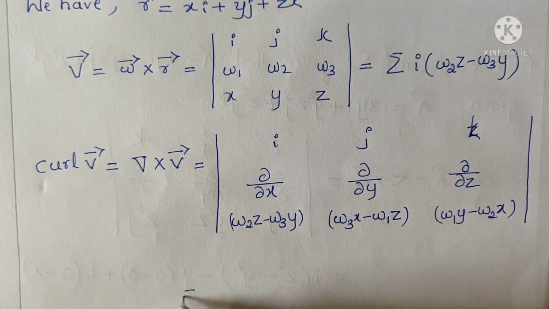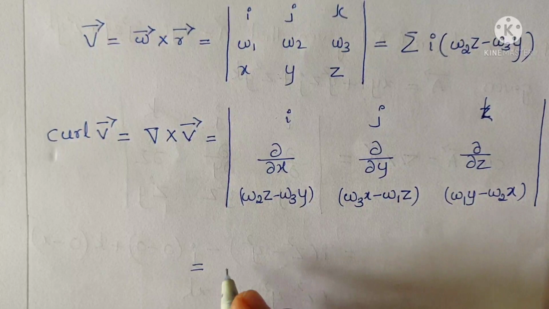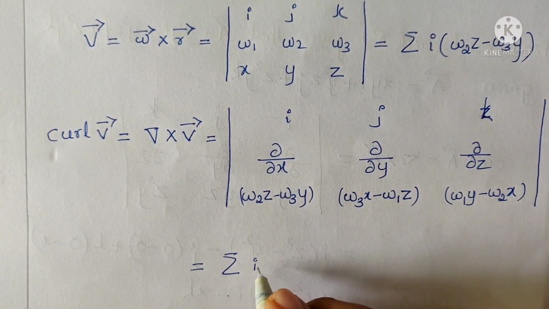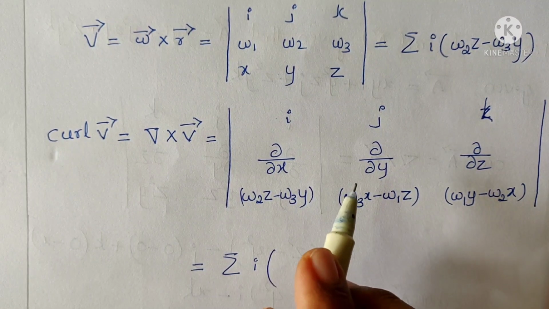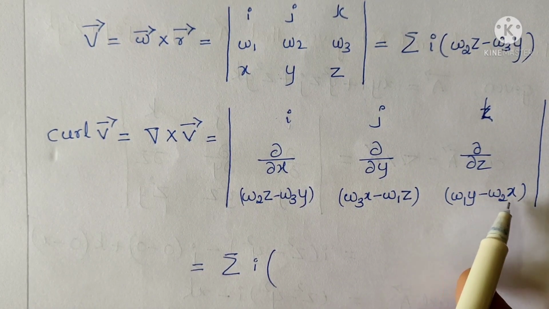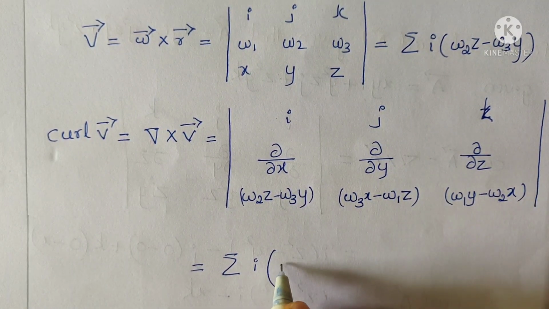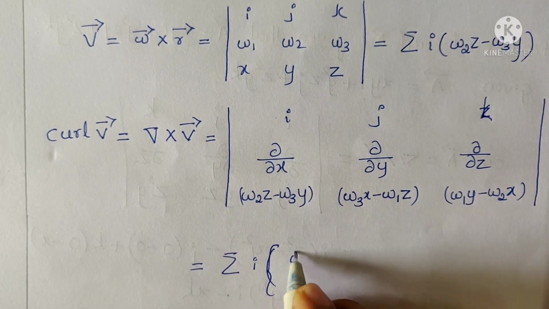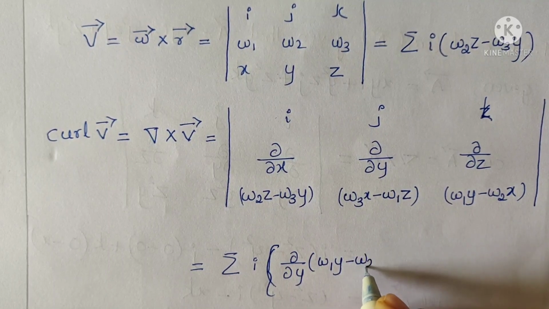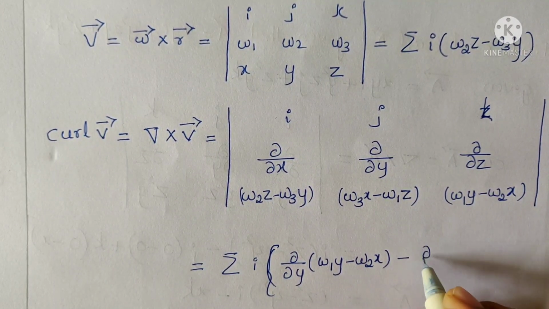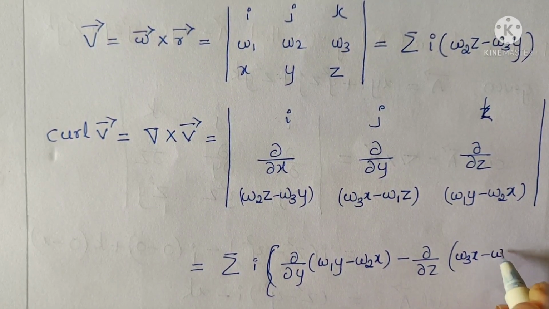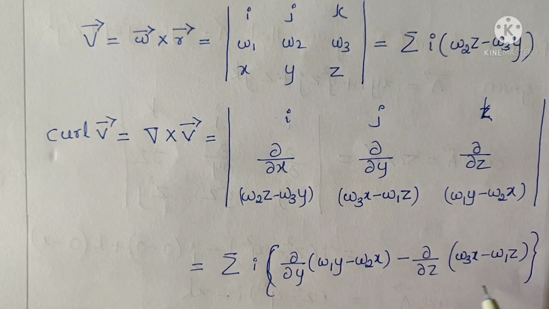So when you solve the determinant, it is again the summation of i into dou by dou y of w1y minus w2x, minus dou by dou z of w3x minus w1z.